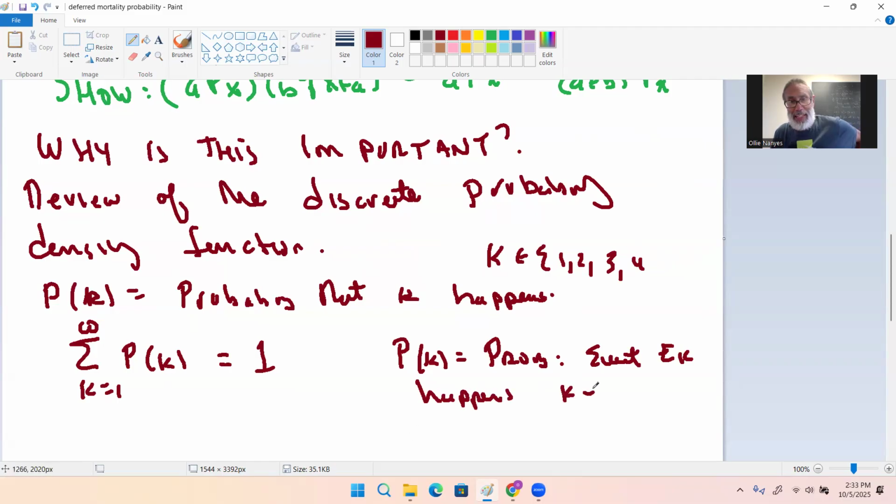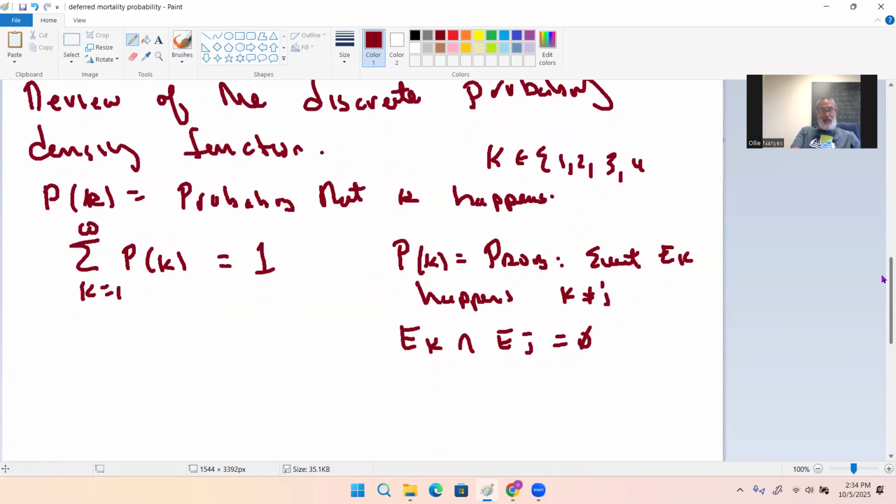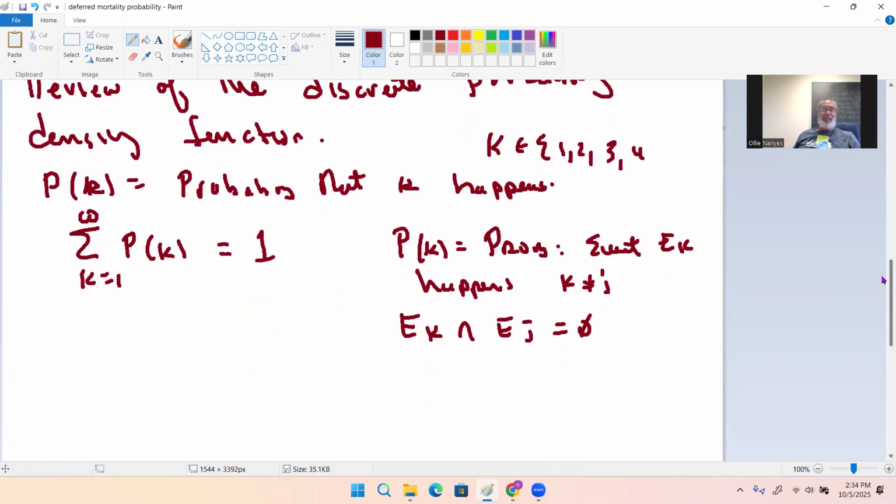And then for K not J, we have to have that these events' intersection is the empty set. So this has to be a partition in your probability space. So we have to have that. Now, what's it have to do with our subject here?